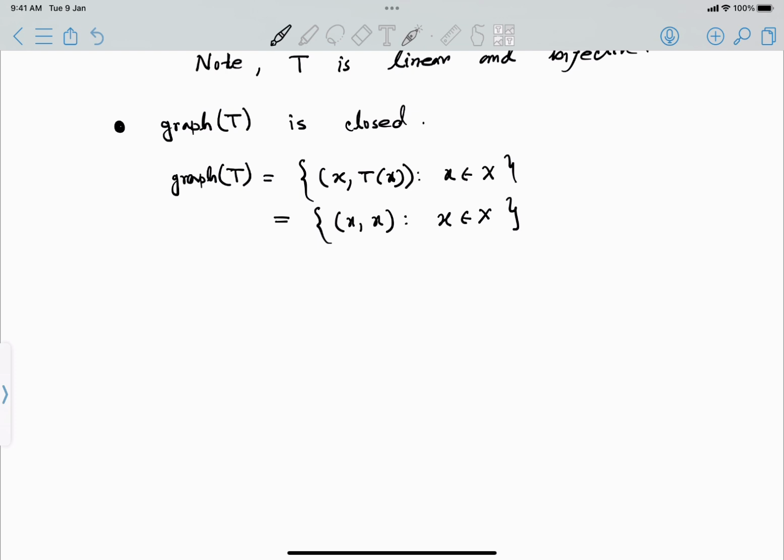So we have to check: let xn converges to x in X, and Txn converges to y in Y, then to show x equals y.